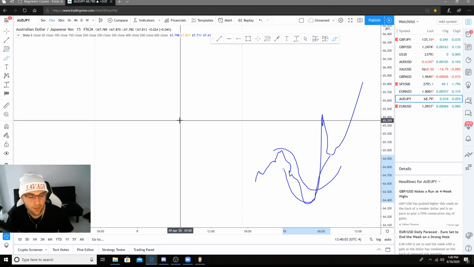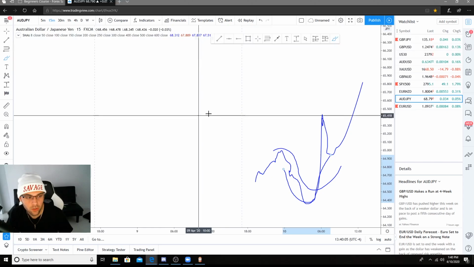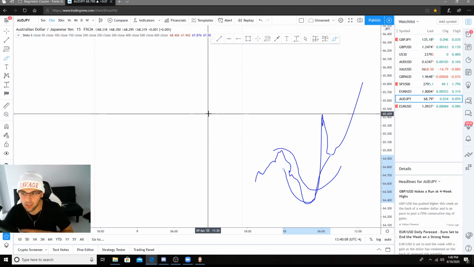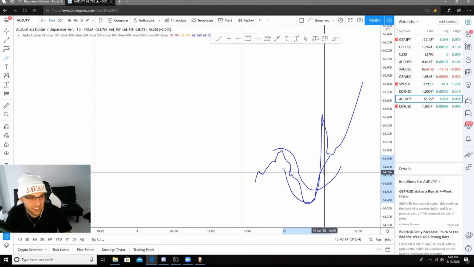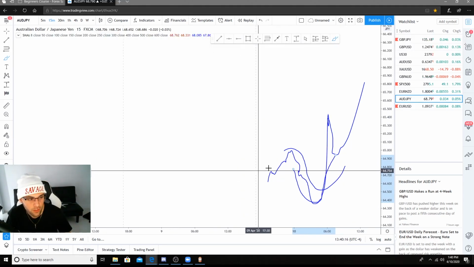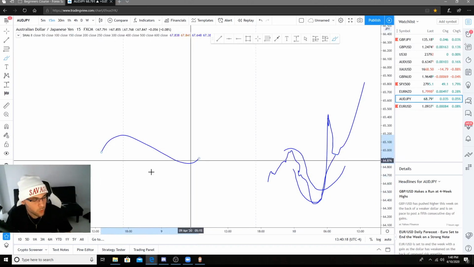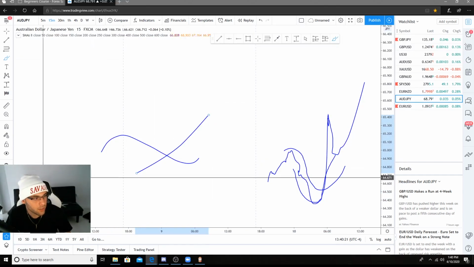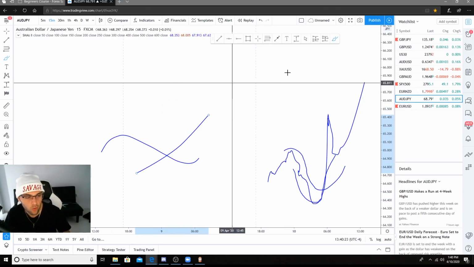So the SMA crossover makes you realize, hey, the trend is changing. It's switching. It went from bearish to bullish instantly. That's what you are looking for when you put them together: the crossover.